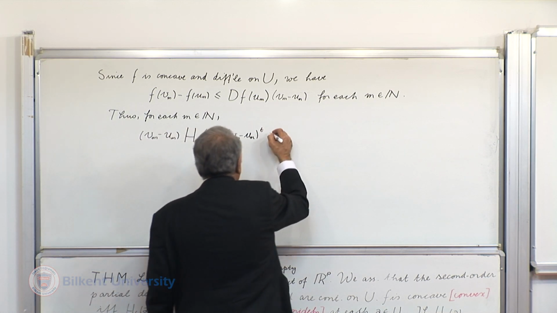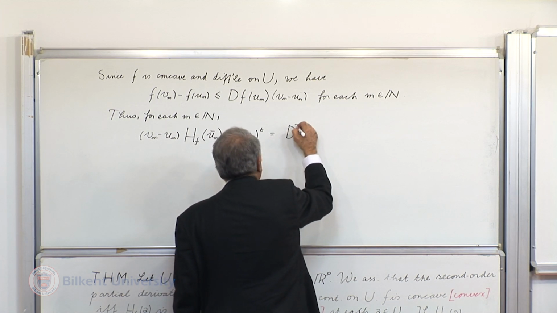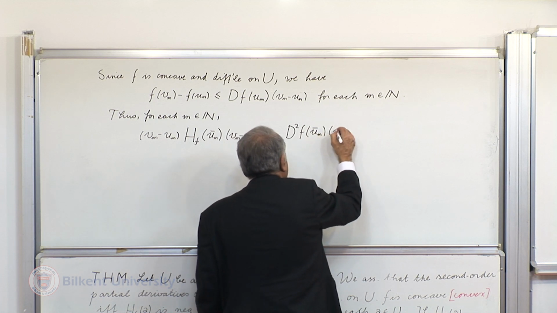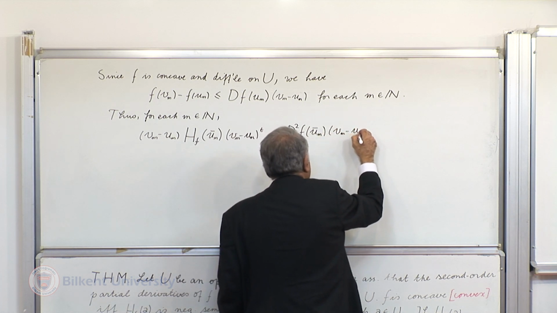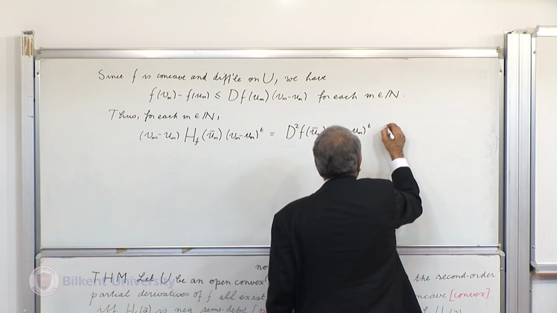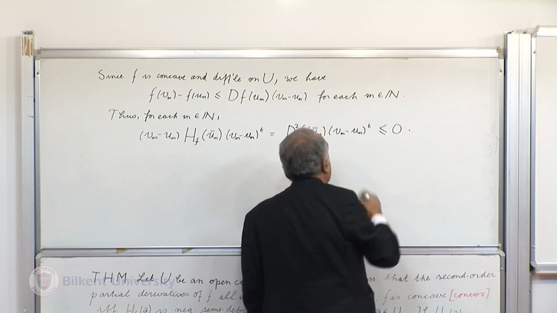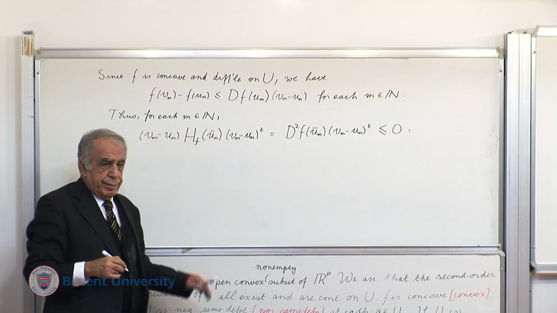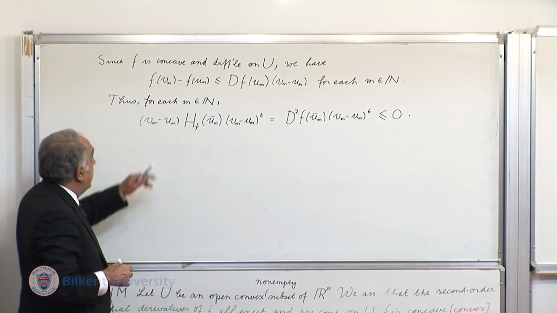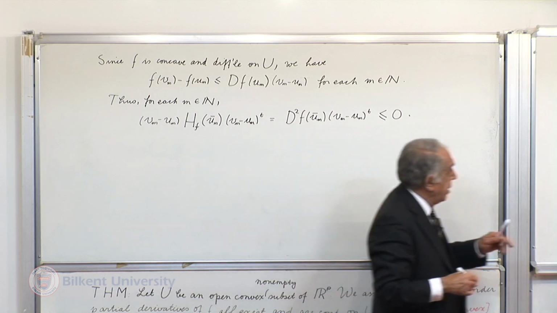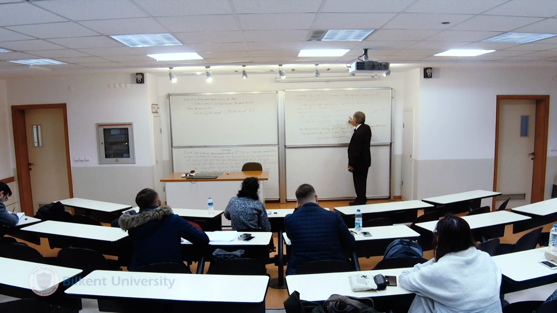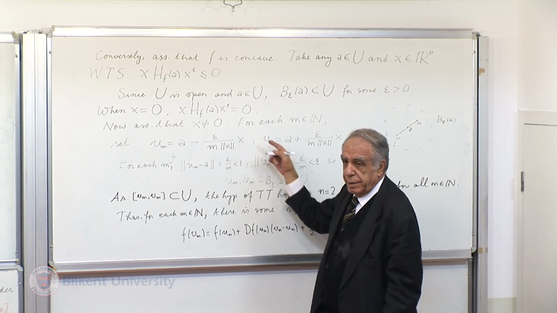That is equal to the second derivative of f at u bar m, Vm minus Um, times the transpose. This is less than or equal to 0. Now, what's Vm minus Um? Well, the a's get cancelled, and you'll have twice this. Okay?